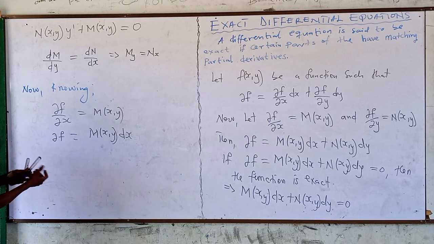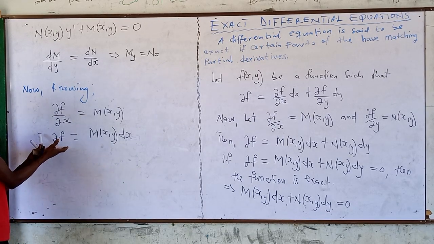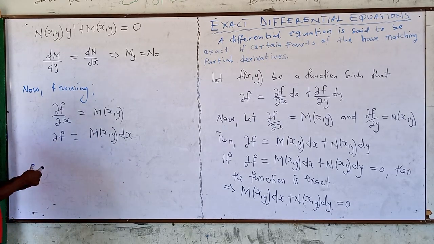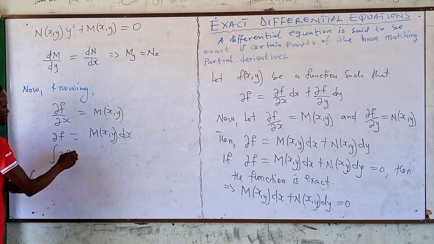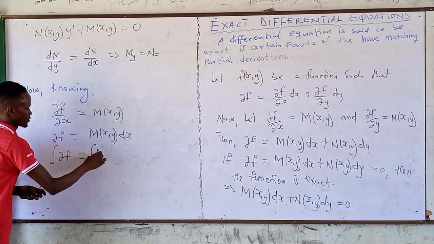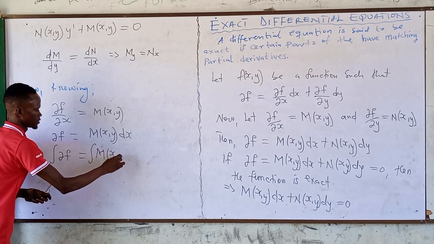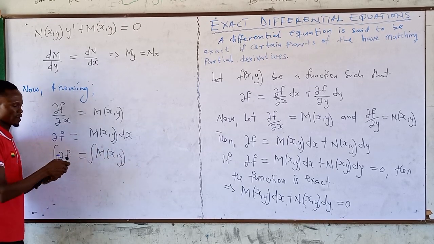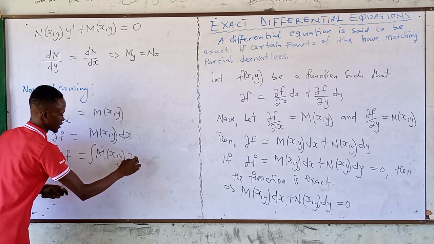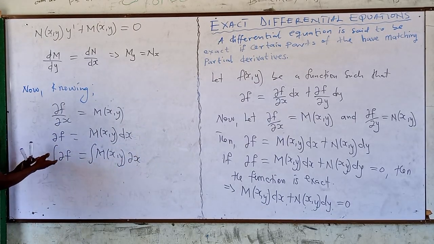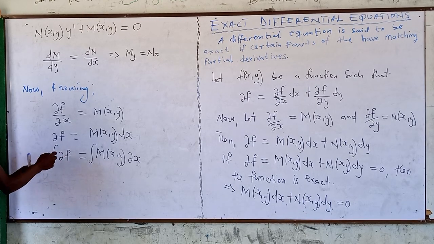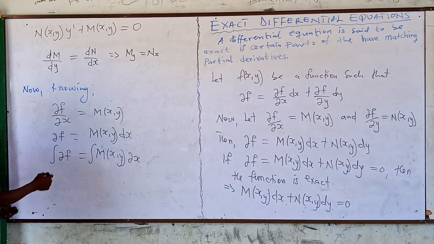And so, to obtain f, I integrate both sides. Taking the integral of ∂f and the integral of M with respect to x, integrating 1 with respect to f will give us the potential function f.